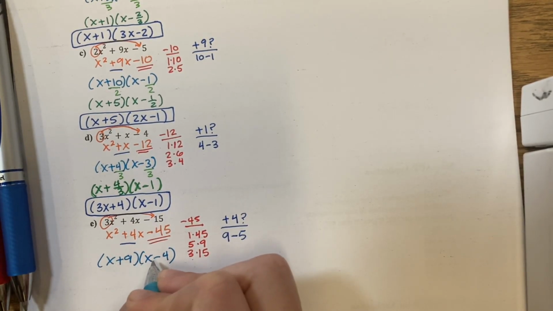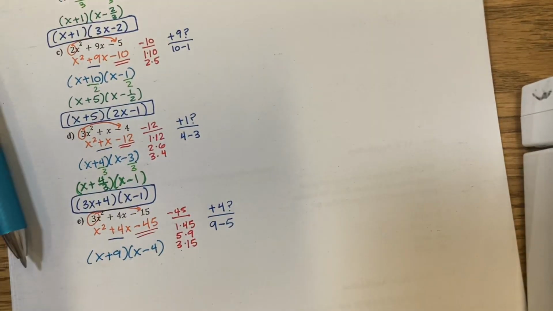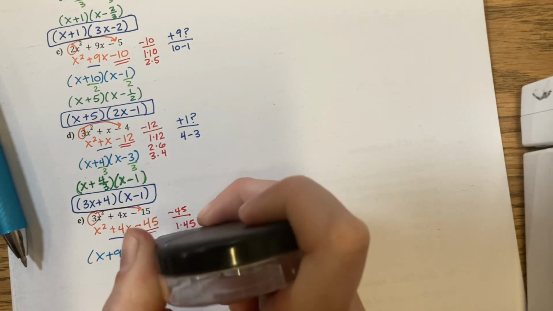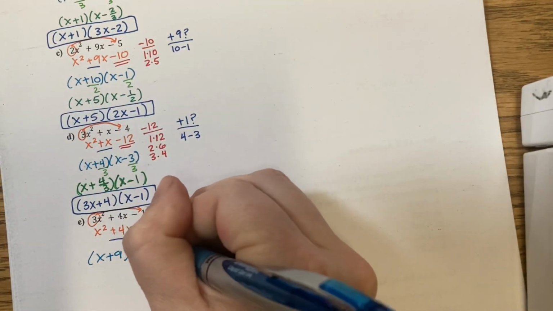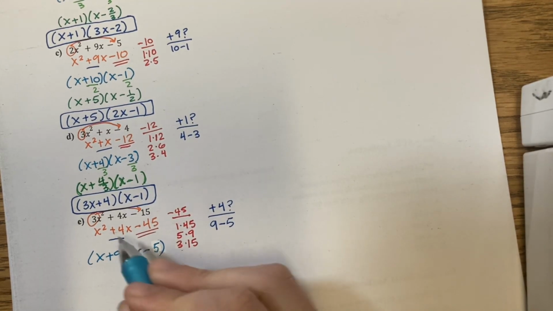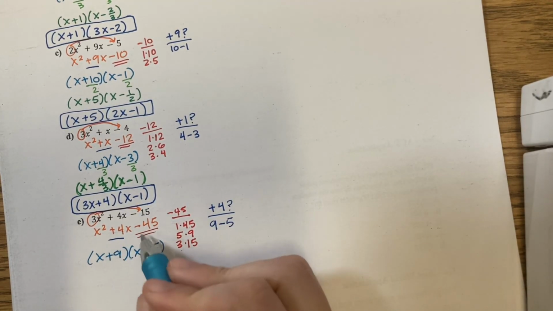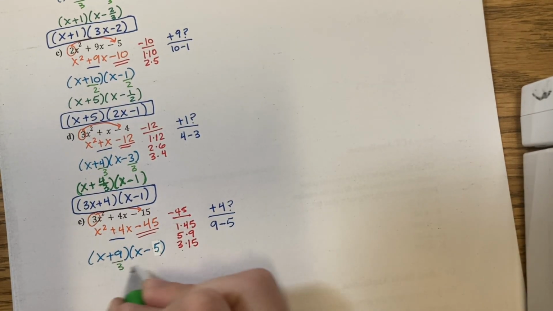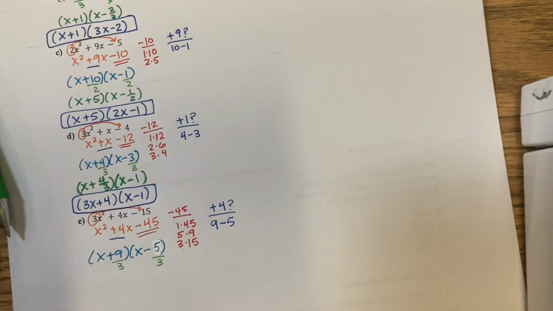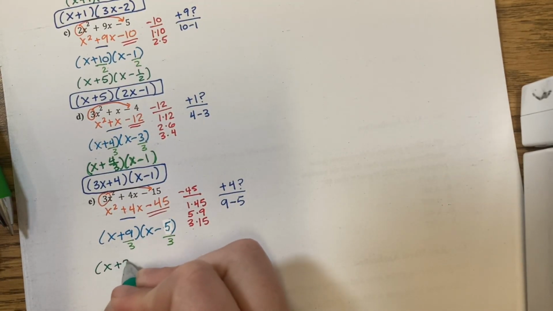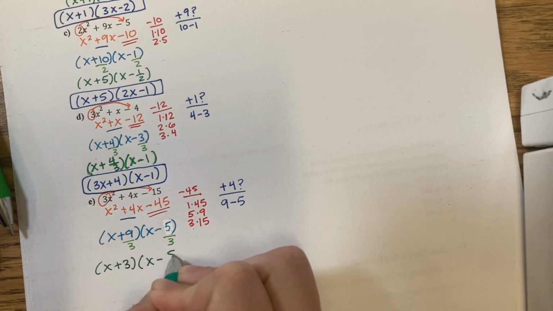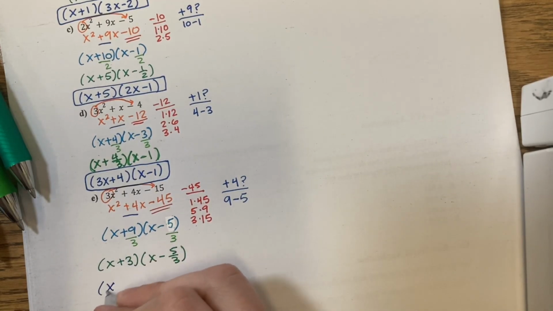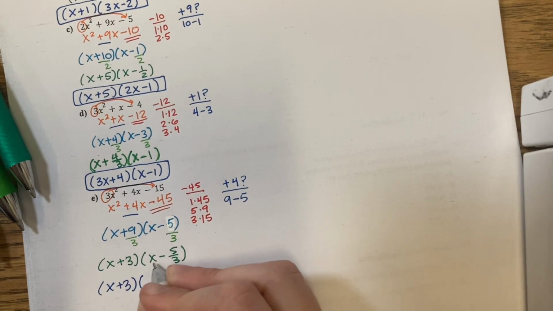They add up. That should be a 5. Sorry, need to fix that. Nine minus 5 makes a 4. 9 times negative 5 makes a negative 45. Divide by the front number. X plus 3, x minus 5 over 3, which then I fix: 3x minus 5.